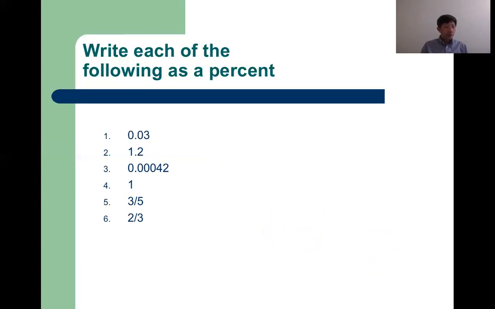Next problem, 0.00042, right? So for this problem, we convert. Write down 42, and then we have to count how many zeros there are. That's 1, 2, 3, 4, 5.